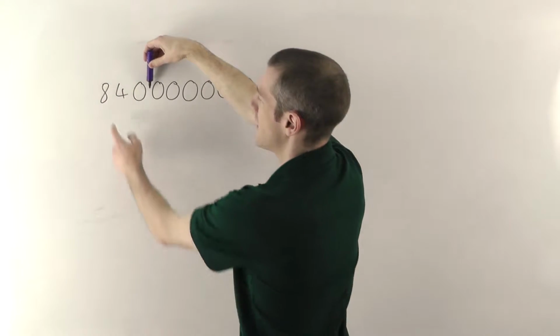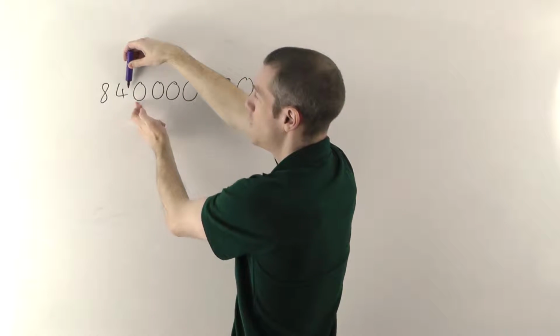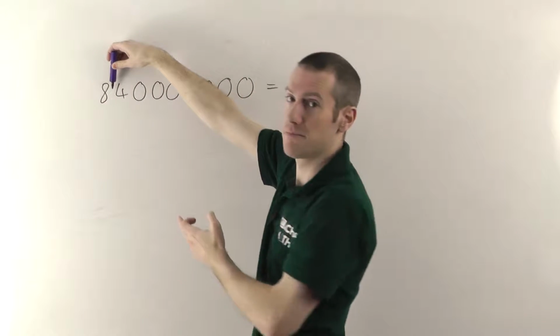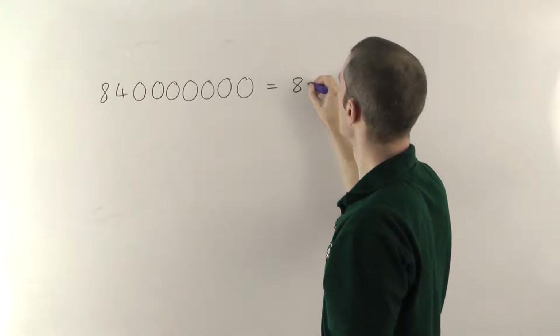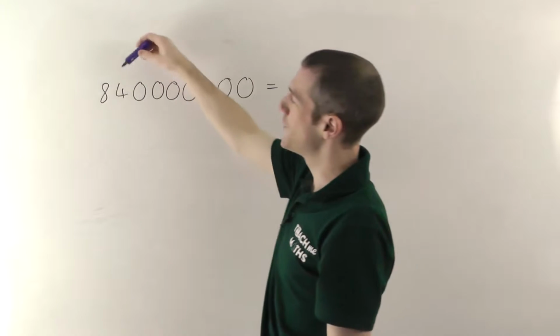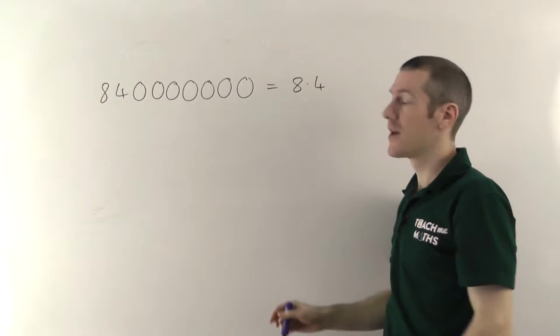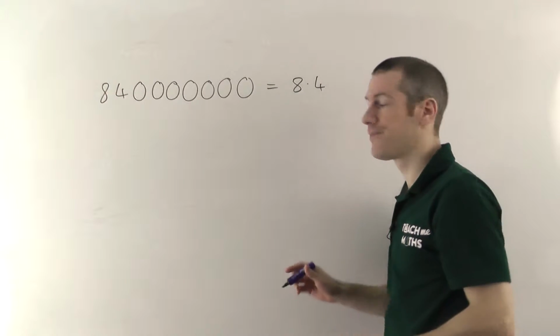If I put it here, I'd have 840 point something, that's too big. Here, 84.00, that's too big. Here, 8.4, that's between 1 and 10, so that's what you use. In general, you always stick the decimal point after the first digit. That always gets your number between 1 and 10. But it's very important, this must be between 1 and 10 or it's not standard form.